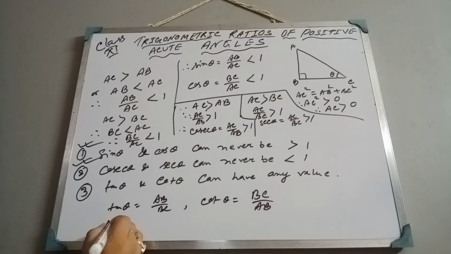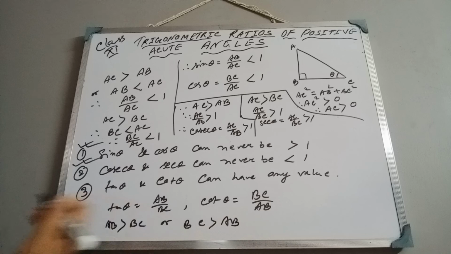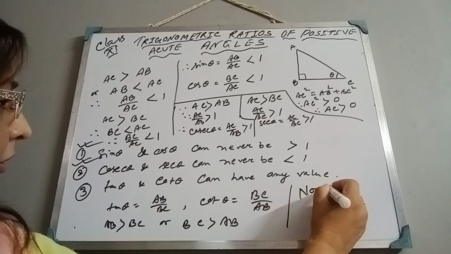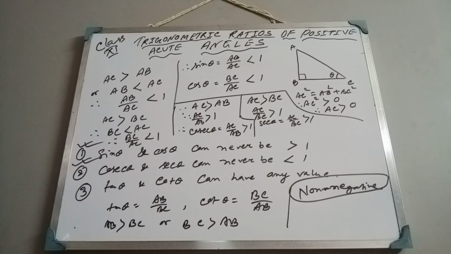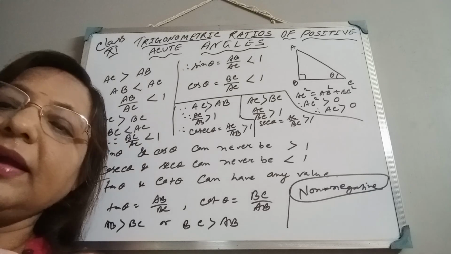So AB may be more than BC or less than BC, anything we can get. But trigonometric ratios of a positive acute angle theta are always non-negative. Clear? Therefore, tan theta and cot theta can have any value.